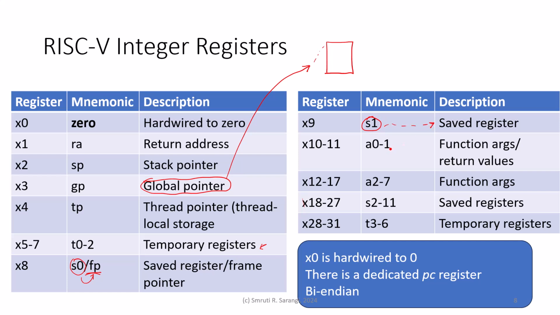And then we have a bunch of registers. So we actually have 8 registers starting from X10 to X17, which are for function arguments and return values. Specifically, A0 and 1 can store both arguments as well as return values.